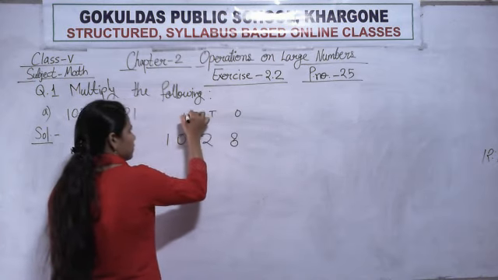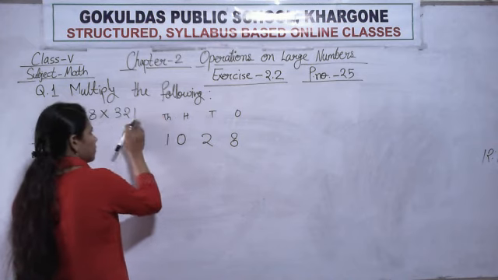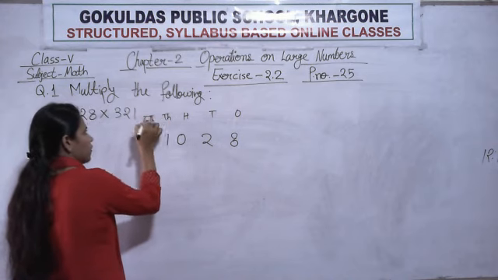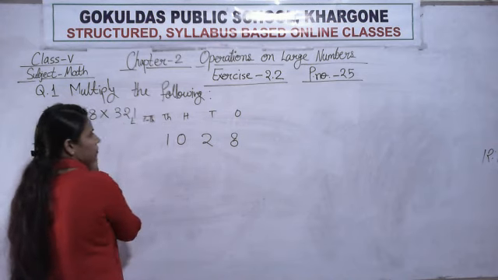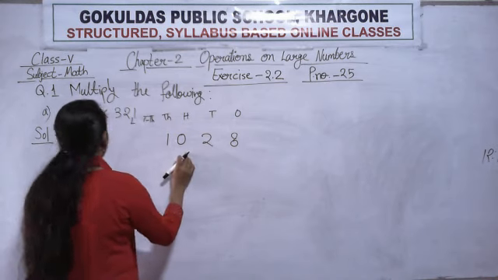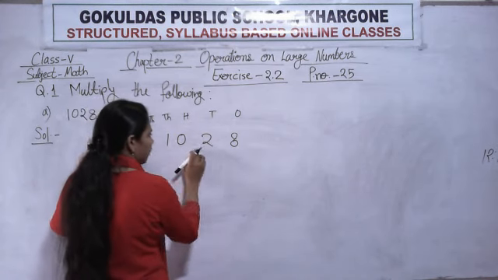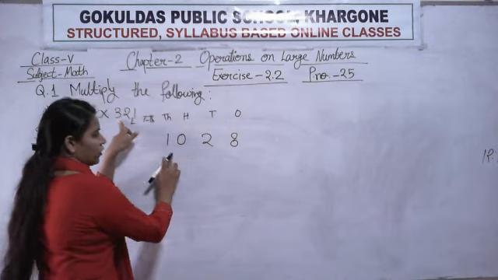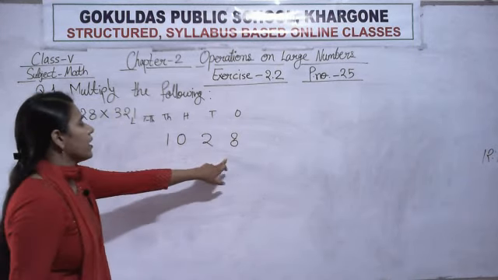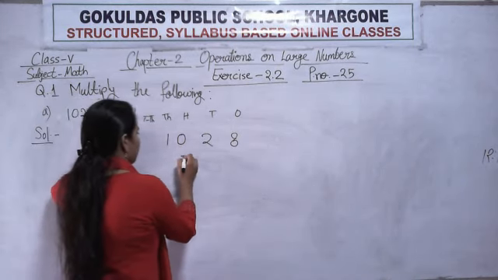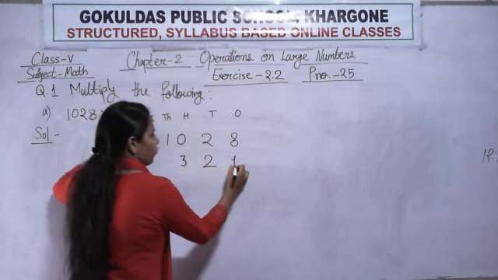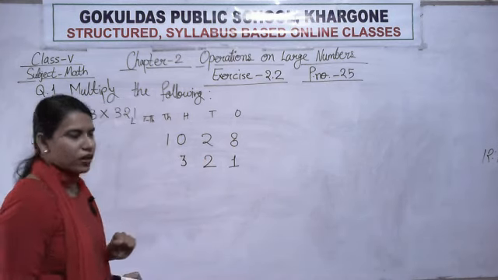Ones, tens, hundreds, thousands, 10,000s, then lakh place comes. It is my first number 1028, and the other number is 321. I arrange both the numbers column wise.